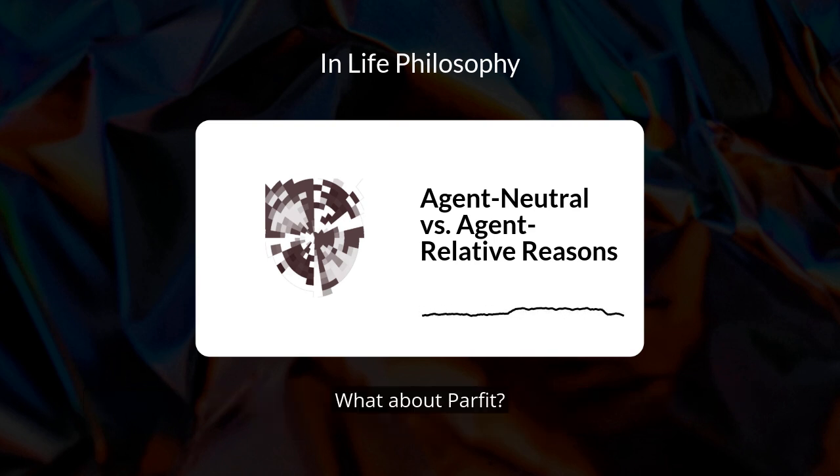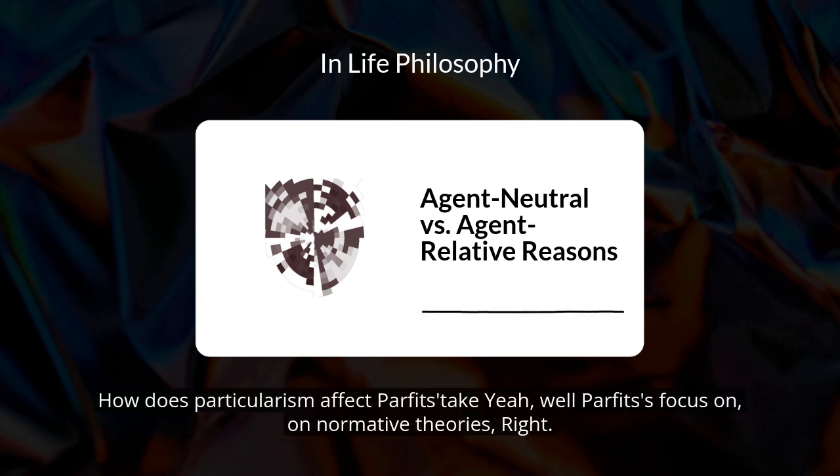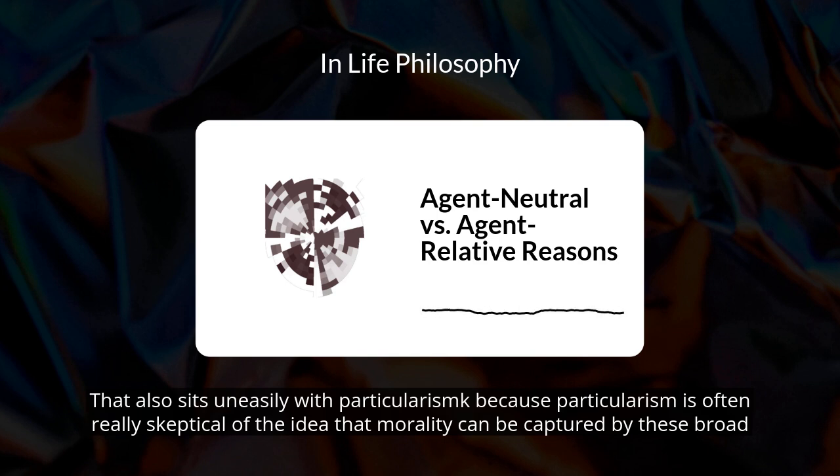What about Parfit? How does particularism affect Parfit's take? Well, Parfit's focus on normative theories also sits uneasily with particularism, because particularism is often really skeptical of the idea that morality can be captured by broad principles.